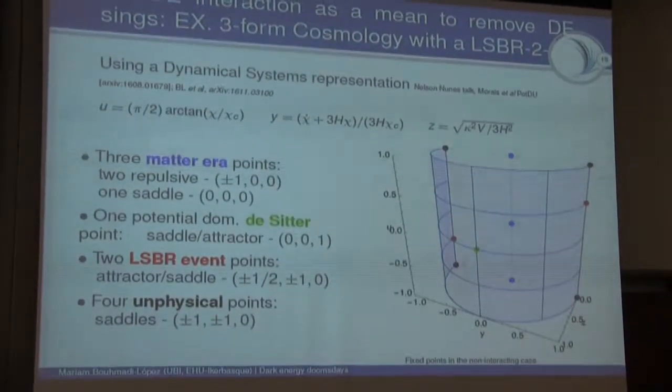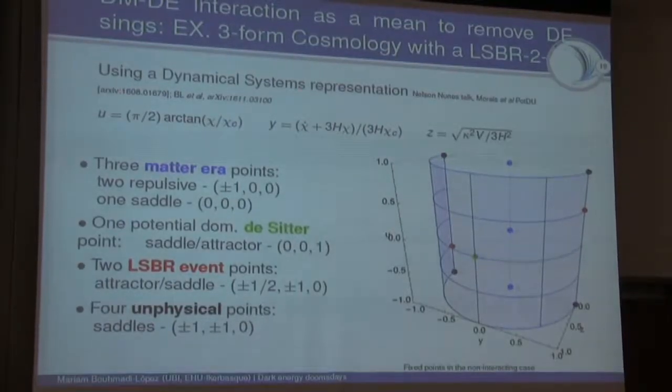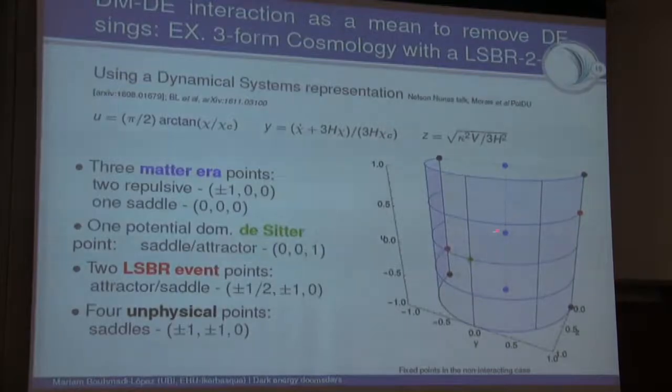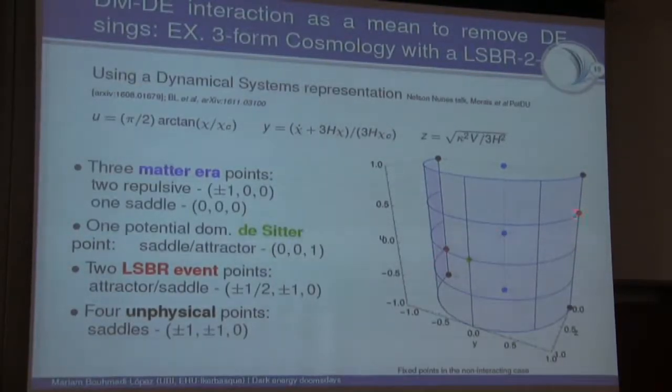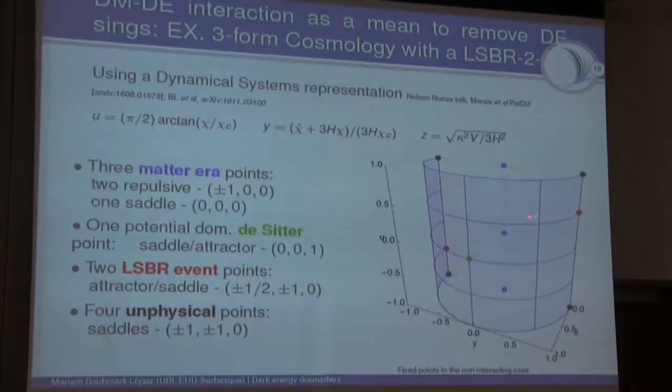That point was really hidden because it is a fixed point at infinity, so it was not pointed out before in the literature. And then there is the reddish one, which corresponds to the three-form field. So essentially the system starts at some point in the past at this point, and then it will head here. So the question was, if we switch on the interaction, what will happen?